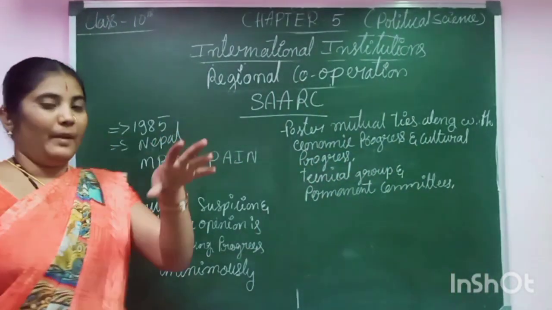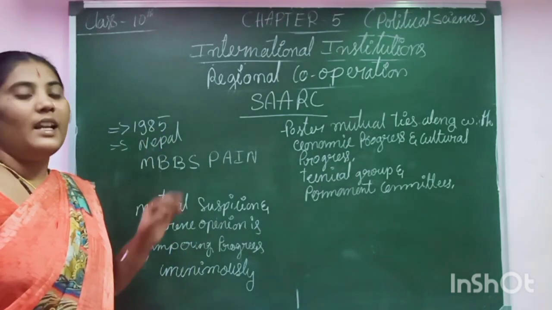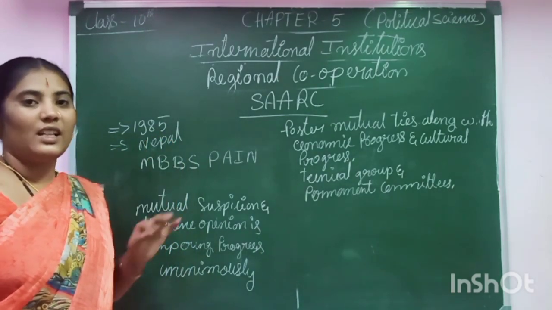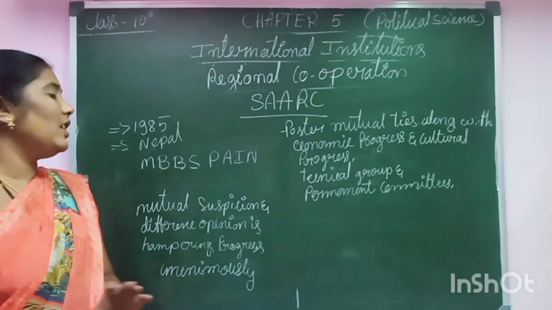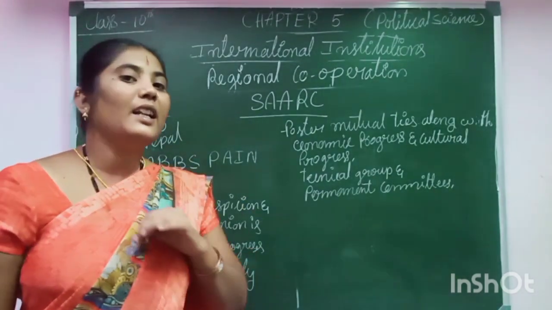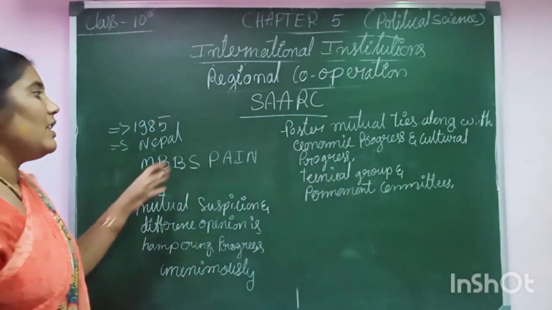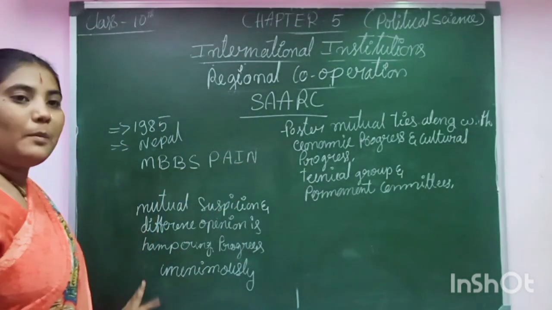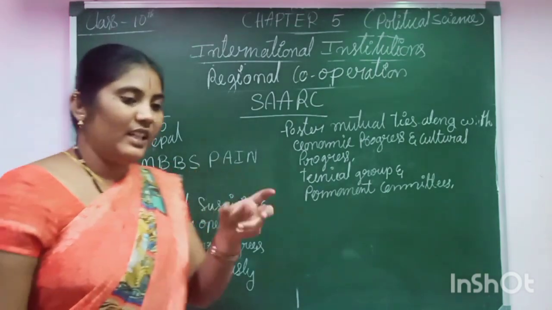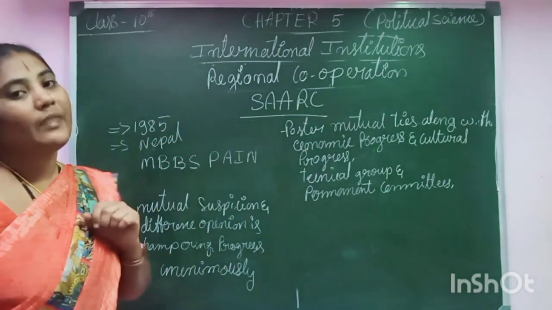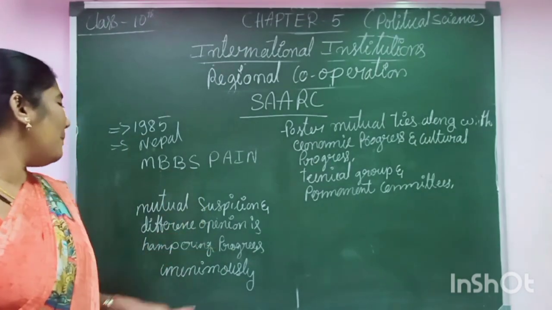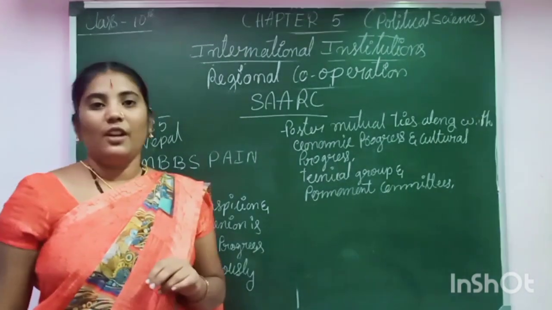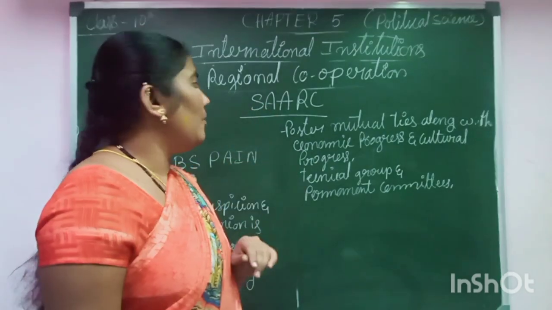The headquarters is situated in Nepal. 8 countries get the membership of SAARC, that is MBBS Pen: Maldives, Bhutan, Bangladesh, Sri Lanka, Pakistan, Afghanistan, India and Nepal. It has its own aim. The unanimity rule is hampering the progress of SAARC, and afterwards mutual suspicion and differences of opinion are also hampering its progress. This is all about SAARC.